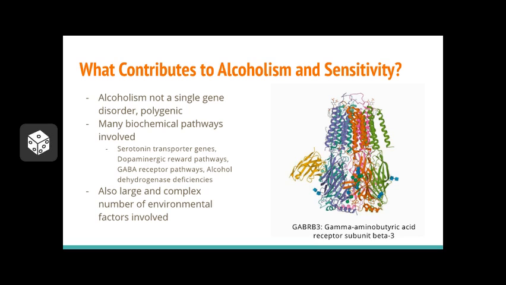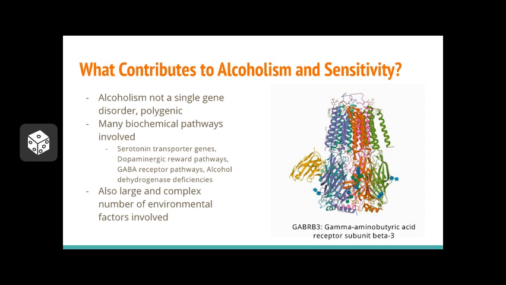Instead, there are actually many biochemical pathways that are involved, some of which include serotonin transporter genes, and the dopaminergic reward pathways, which we'll discuss later, which are implicated in the learning pathway. So the reward that you get from alcohol can be learned and lead you to become addicted. So that's how the dopaminergic reward pathway is involved.